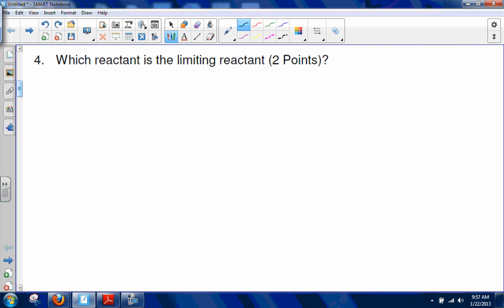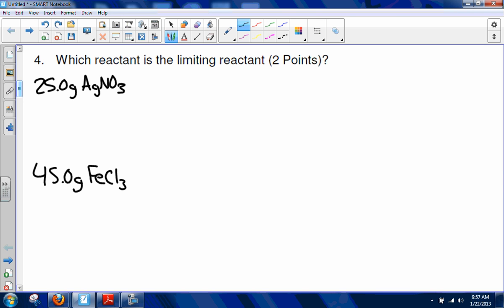It was 25.0 grams of, which one? Silver nitrate. And it was 45.0 grams of ferric chloride. Okay?